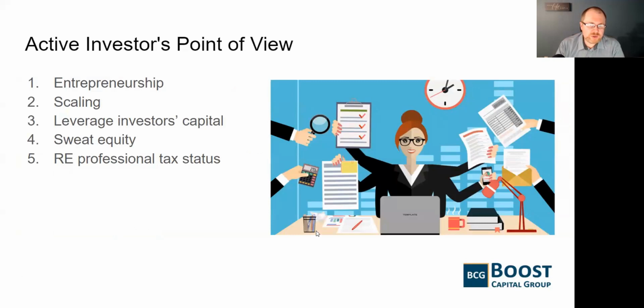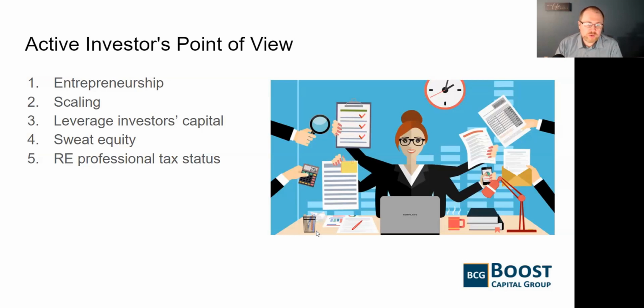What's the active investor's point of view? What's their approach? What do they try to gain and achieve by doing the syndications? I think number one is they certainly have to have the spirit of entrepreneurship, because now you're going to run a business. Their goal is also going to be to scale their business, do more acquisitions and more properties, but also leverage investors' capital.